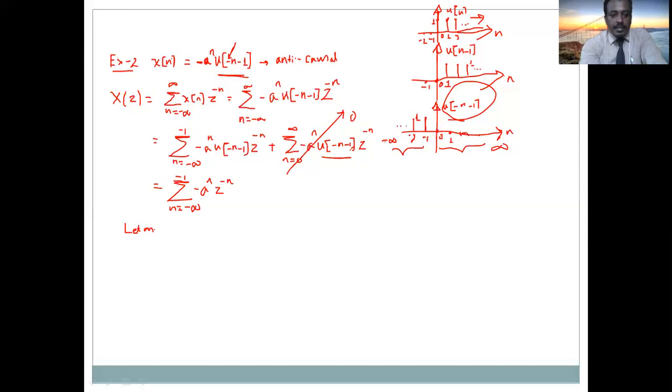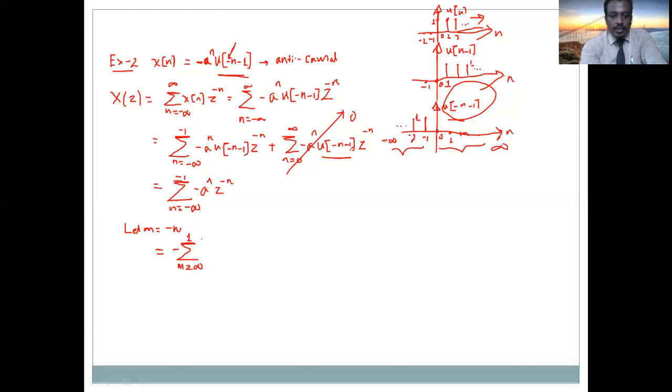Now let's take another variable, m, equal to minus n. Here n is minus infinity, so m will be infinity. Because m is the negative of n, this summation now goes to infinity, and minus 1 becomes plus 1. So you can take the negative out.